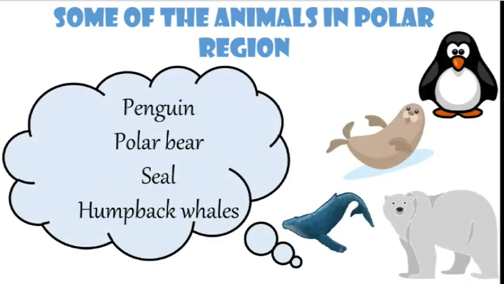And they are, yes, you can see a penguin as well as a polar bear with a seal and with the humpback whales. So these are some of the common animals which live in polar region.